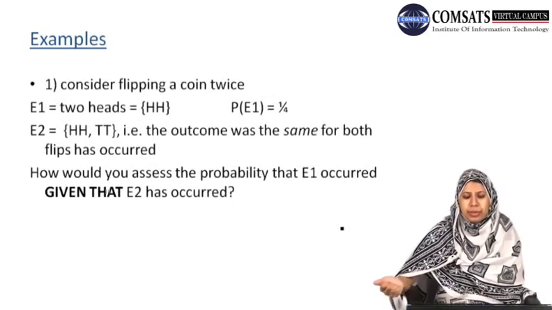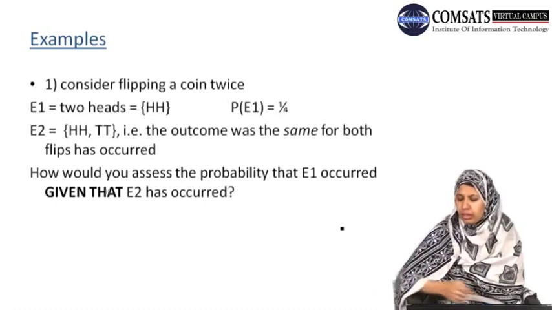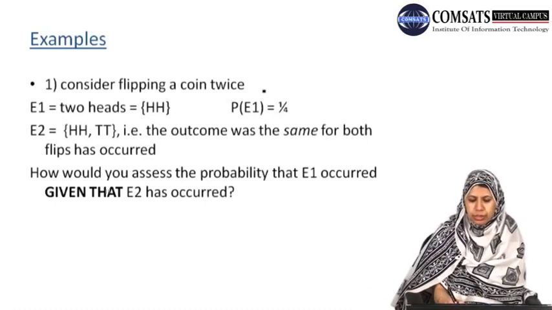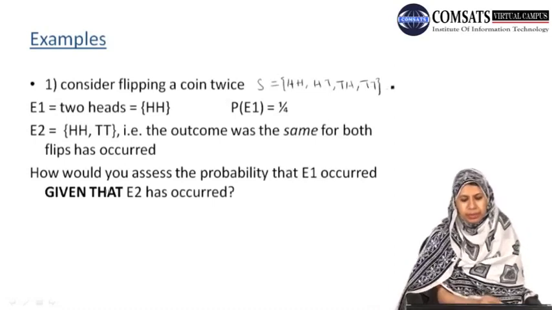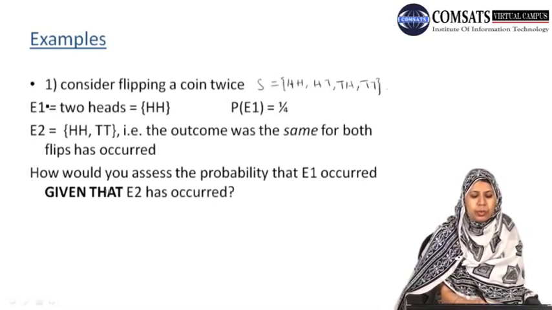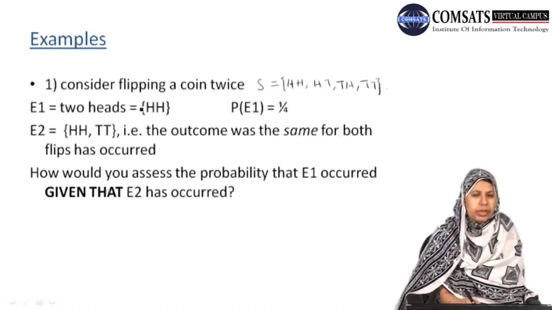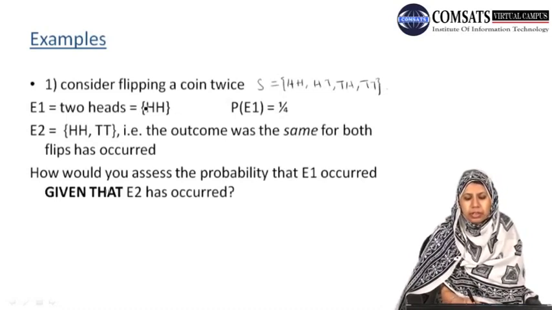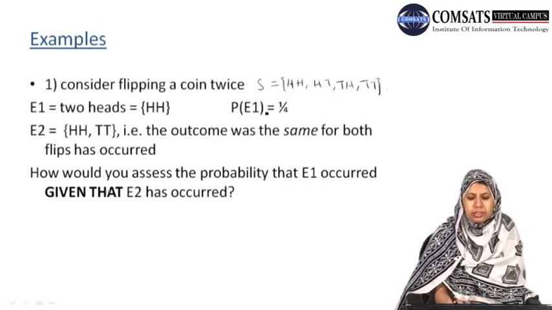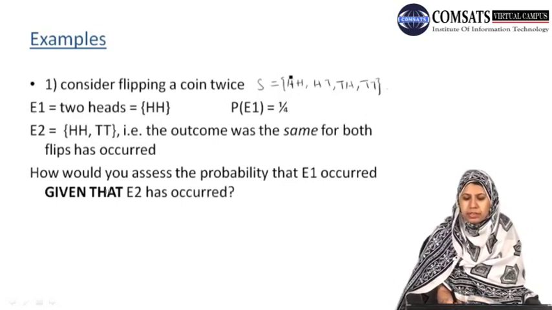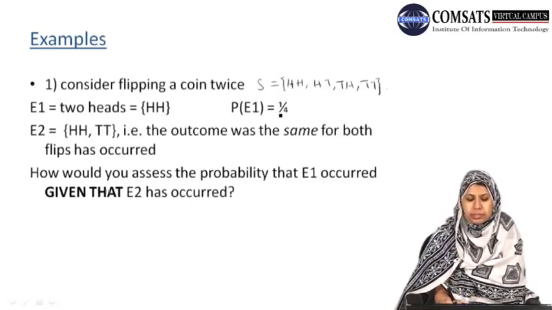Suppose we consider flipping a coin twice. So our sample space has 4 elements, that is, head-head, head-tail, tail-head, and tail-tail. And we consider our event E1 as 2 heads only, so we will have the outcome head-head. Probability of the event E1 is equal to 1 by 4, that is, the size of the event E1 divided by the size of our sample space.